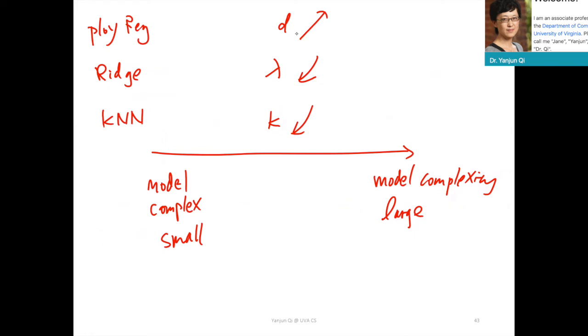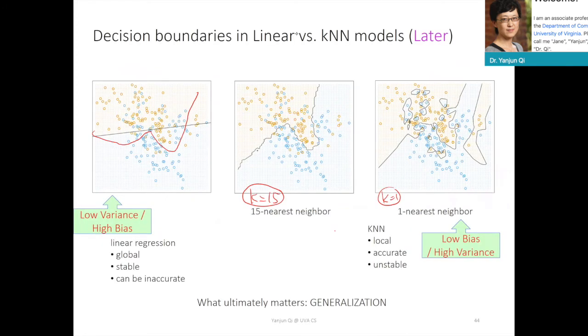Okay, so there's a little more, but it will be covered more in the next class, called bias and variance trade-off. What I just showed you, this polynomial d changing and k changing and lambda changing, really tells you something.